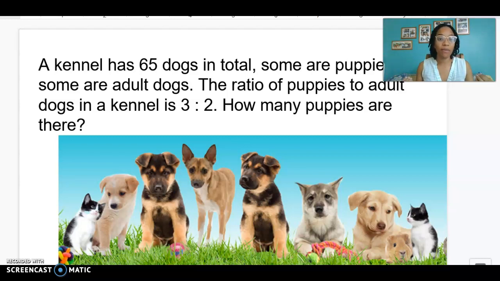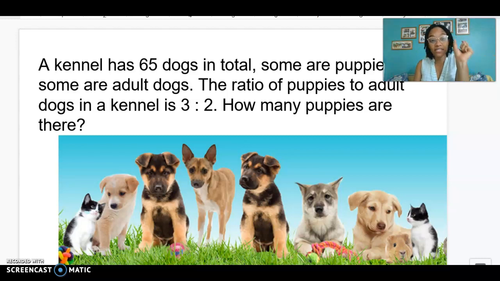So in this problem, I want to encourage you to draw a picture. When you draw your picture, you should have puppies on top with 3 squares or 3 puppy faces, however you'd like to put it, and adult dogs on the bottom with 2 units. Altogether, there are 5 units, and those 5 units give us 65 dogs.